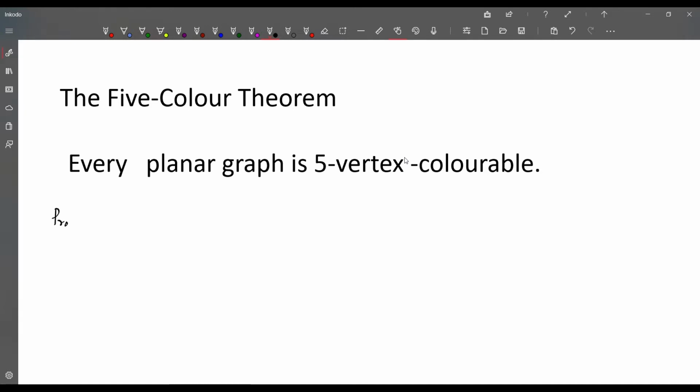Proof. The proof is by contradiction. Suppose that the theorem is false.